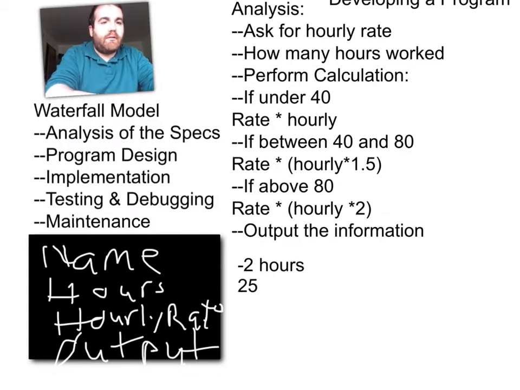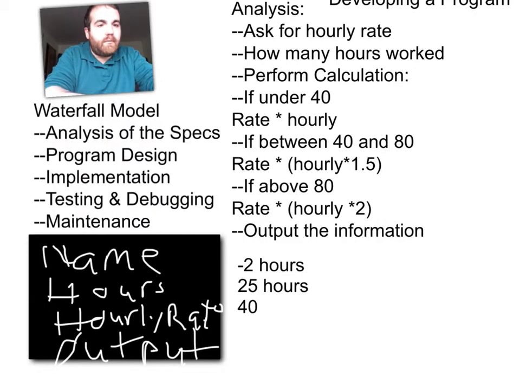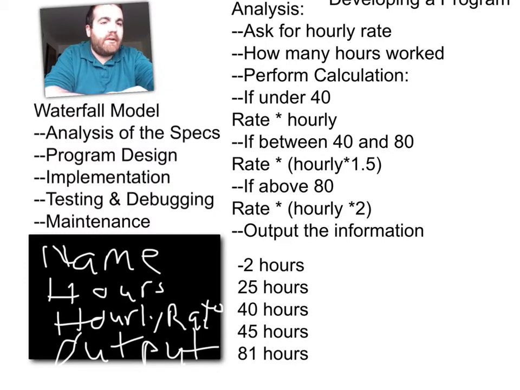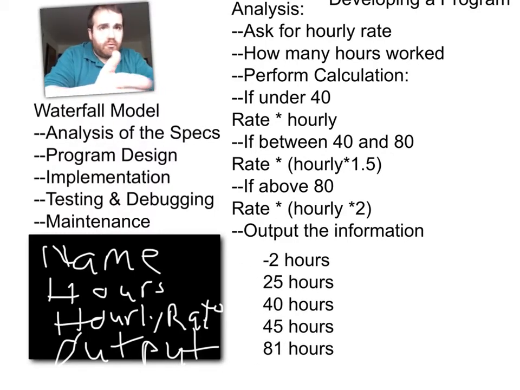Then something like 25 hours, 40 hours, 45 hours, and then 81 hours. That right there would test every condition that could possibly be, and we could do tests to see if it's the correct answer.